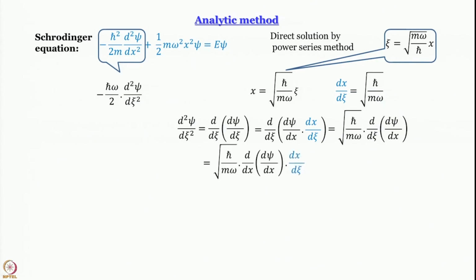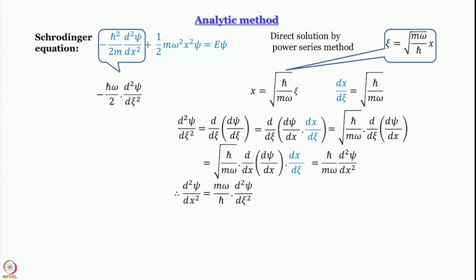That will again be equal to root over h cross by m omega, d dx of d psi dx, multiplied by dx d xi. Once again we know what dx d xi is, so we write it. The root sign goes and we get h cross by m omega multiplied by d2 psi dx2. Okay.